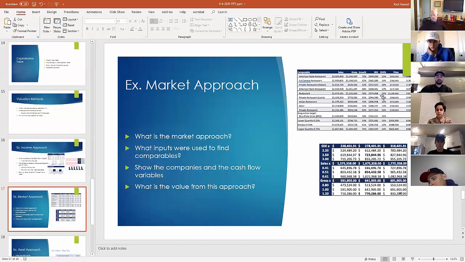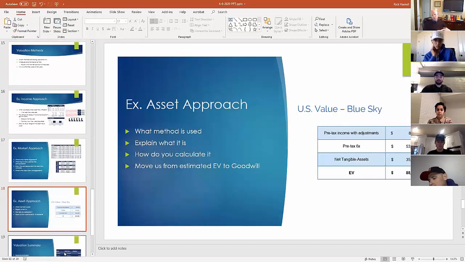Okay? And then finally, you'll give an asset approach. The asset approach is maybe not the way an asset approach might be handled in all valuation reports. In many valuation reports, the asset approach will be taking the assets on the balance sheet and trying to ascribe a reasonable market value to each of them or each group of them.